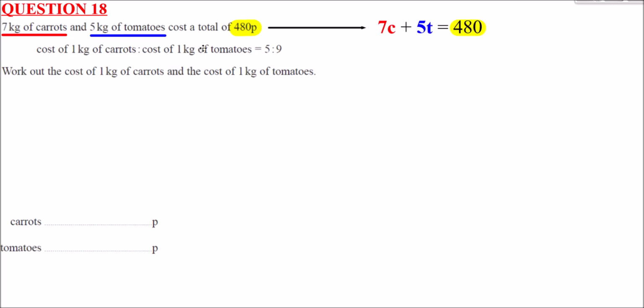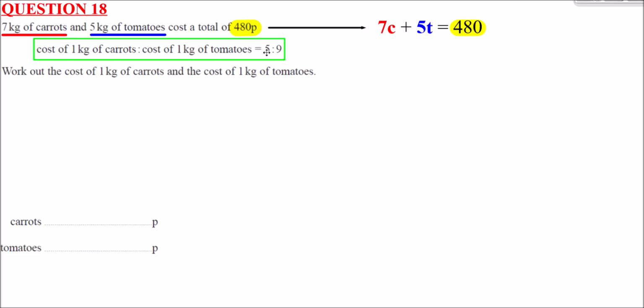The next line tells us about the ratio of the cost of carrots to tomatoes. So looking at this bit here, the cost of 1 kilogram of carrots to the cost of 1 kilogram of tomatoes is 5 to 9. So that's the same as telling us that quite clearly the tomatoes are more expensive, because the tomato number is a bigger number than the number for carrots.